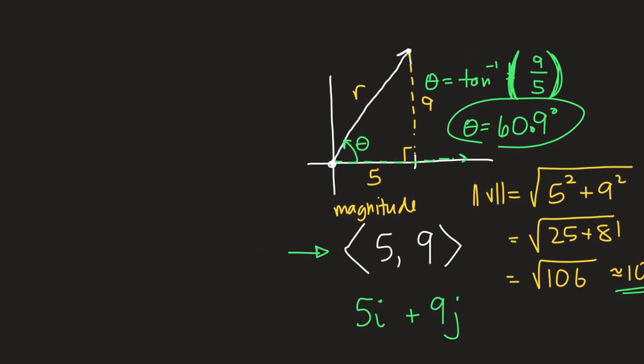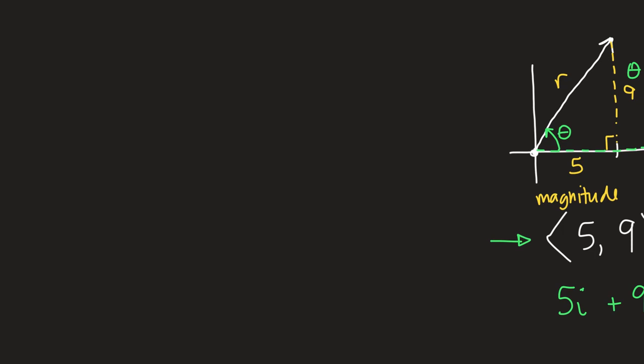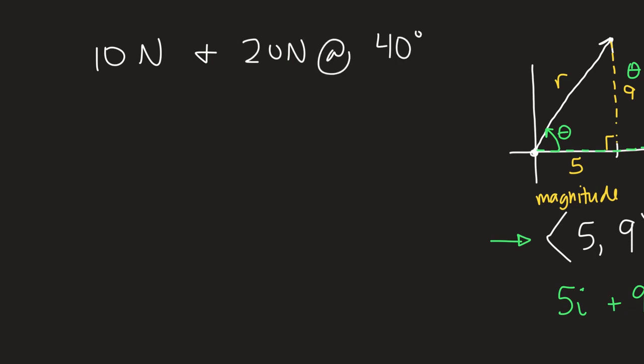Now, if we had two vectors acting on a body, maybe a 10 Newton force and a 20 Newton force at 40 degrees, usually we would put one of these forces directly along the x-axis, the first one that they tell you.